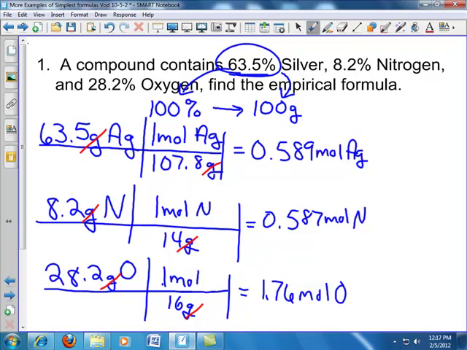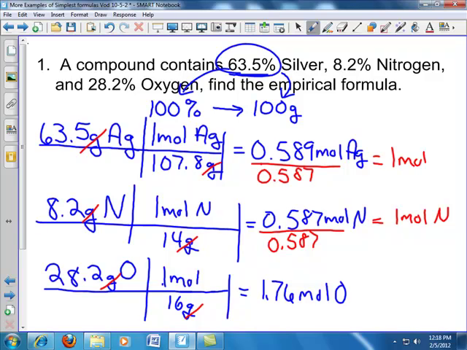Step 3, find which of these is the smallest and divide all of them by that smallest number. The smallest number here happens to be this one, 0.587. So that's going to give me 1 mole of nitrogen. If I divide this by 0.587, that's essentially 1 mole of silver.